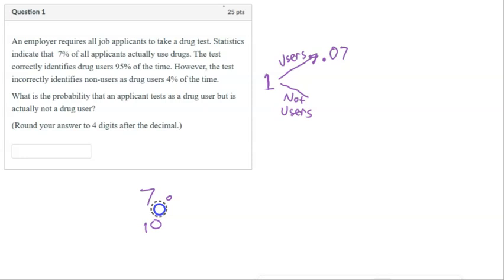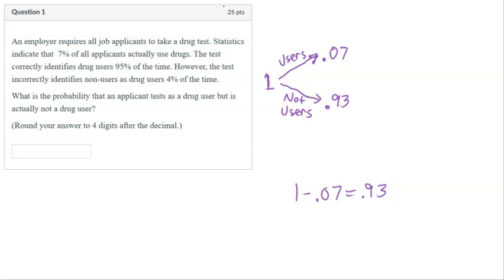To find what goes down here, we do 1 minus 0.07, which is 0.93, and that's 93%. So we put a 0.93 down here.